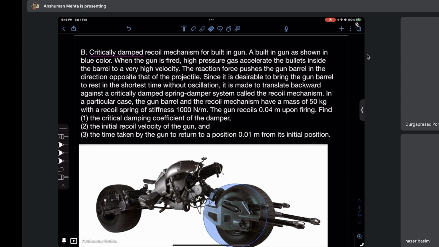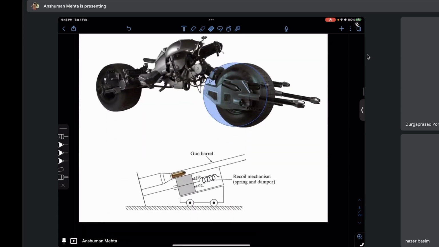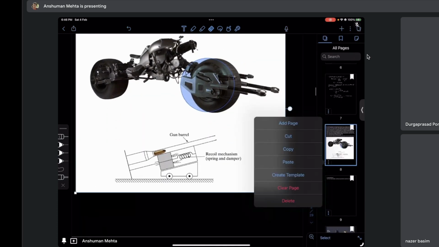That is how the firing rate of ballistic equipment depends on a recoil mechanism that is critically damped.